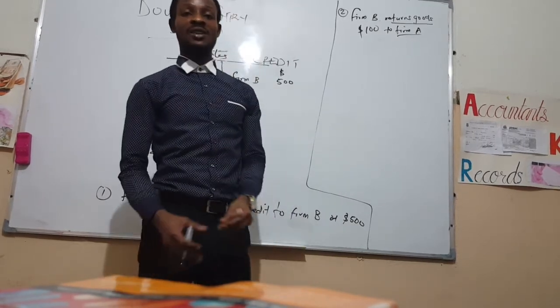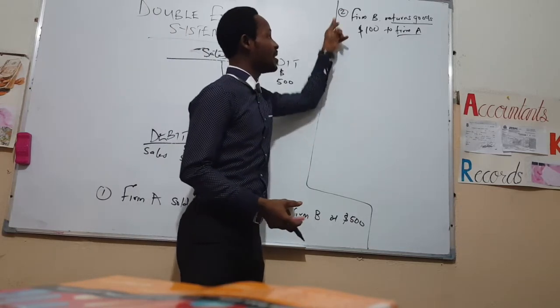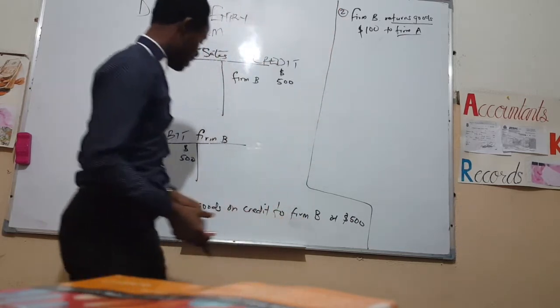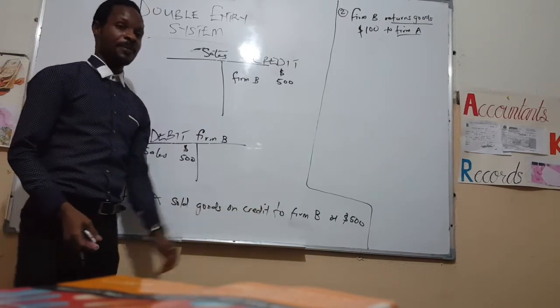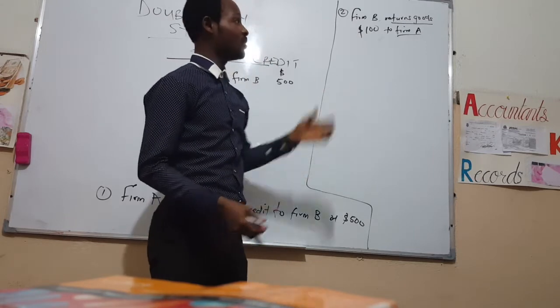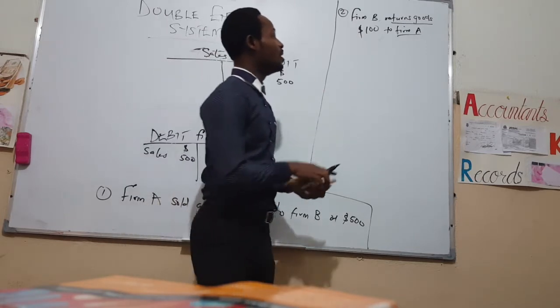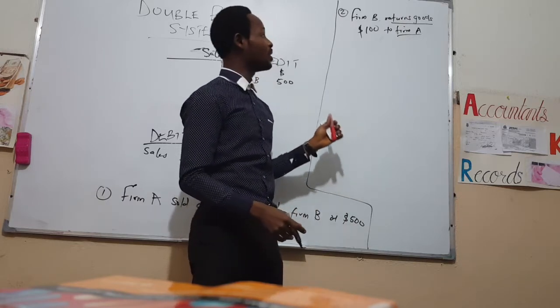But if the transaction is recorded in the books of firm A, we started with firm A selling goods to firm B. Firm B is now returning the goods, which is another transaction. Returns account, as was said earlier, would be opened.